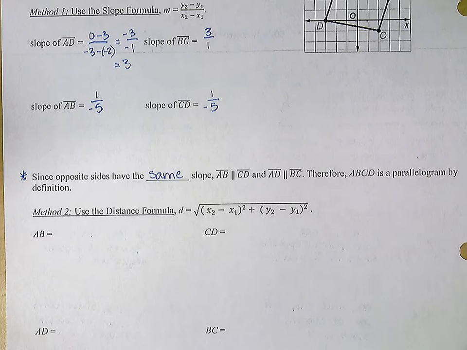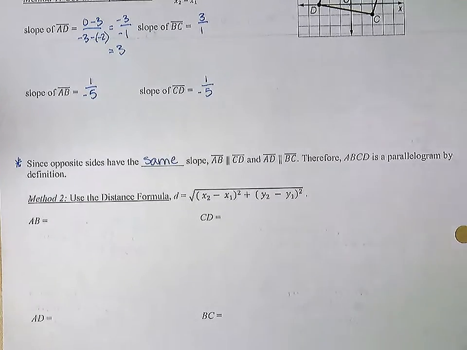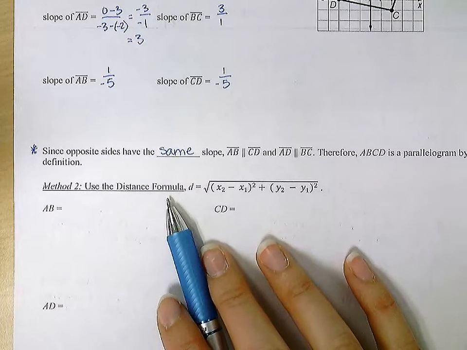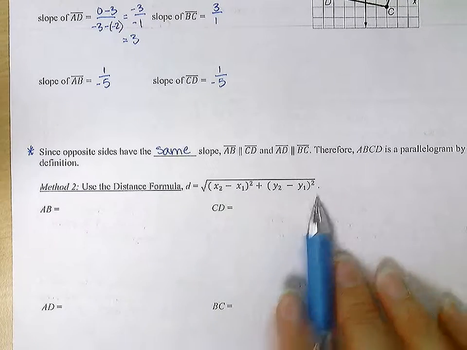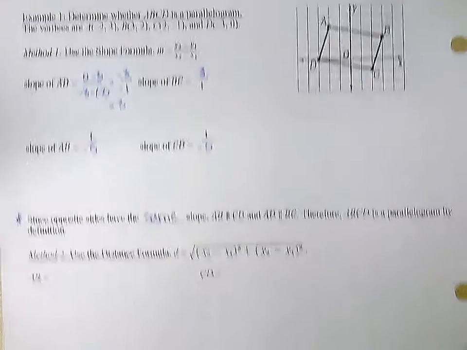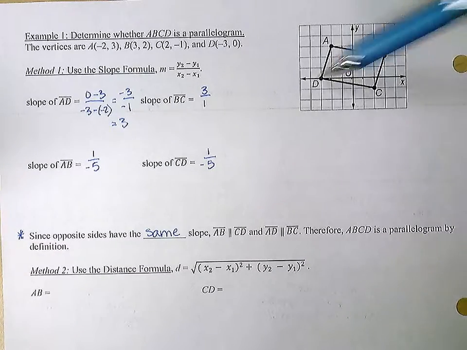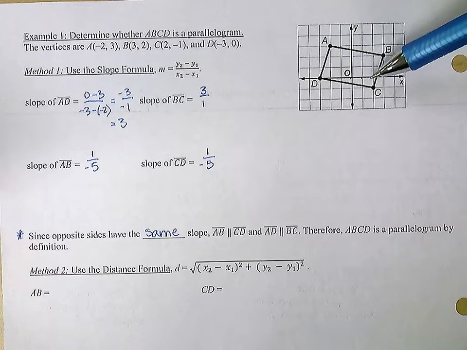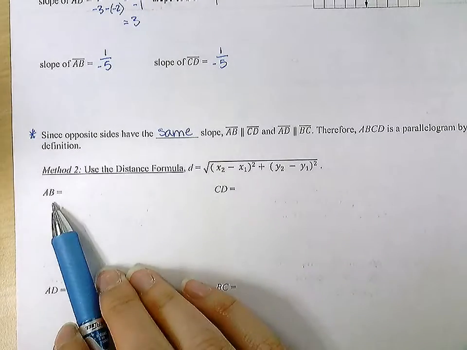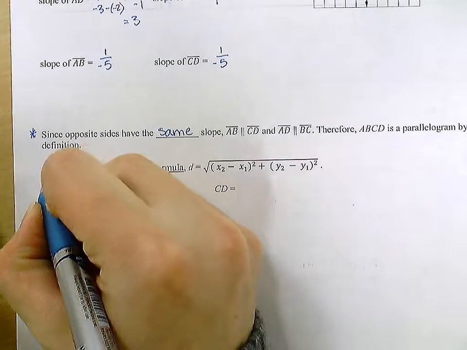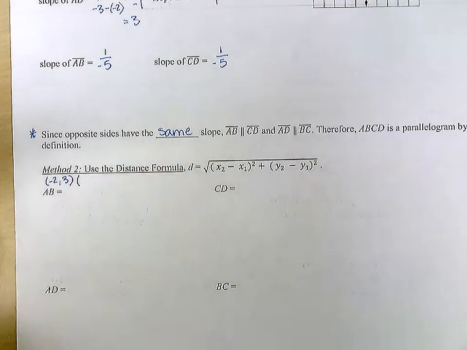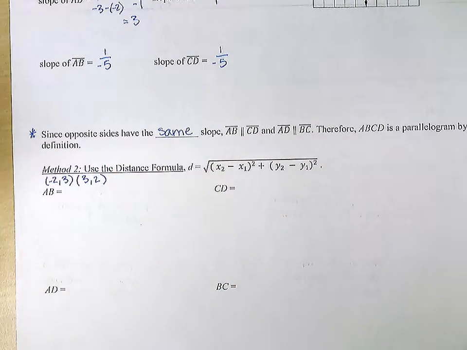The second way is to use the distance formula. Okay, and we're going to use our same points from up here down here. Okay, and I do have the distance formula laid out right there for you. And we want to find the distance of all four sides of this quadrilateral. Okay, so first I'm going to find the distance of AB. So I need point A, which is -2, 3, and point B, which is 3, 2.